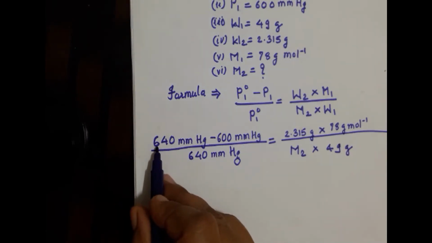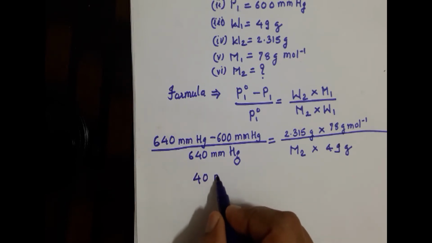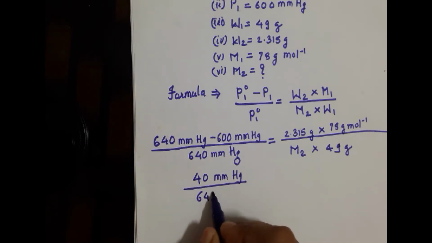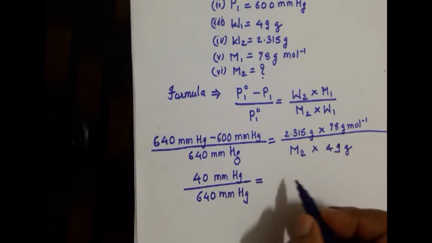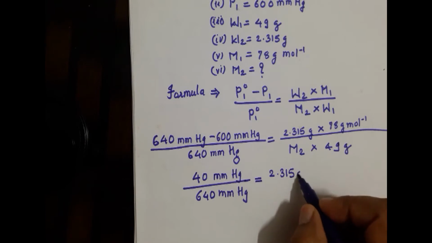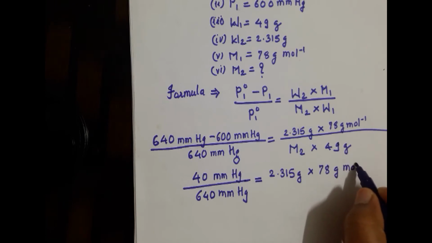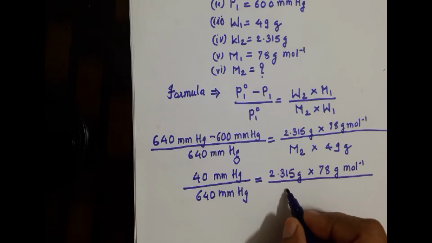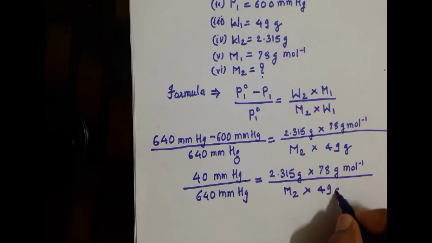Okay, now 640 minus 600 gives you 40. So 40 millimeter Hg divided by 640 millimeter Hg will be equal to 2.315 gram multiplied by 78 gram per mole divided by M2 multiplied by 49 gram.